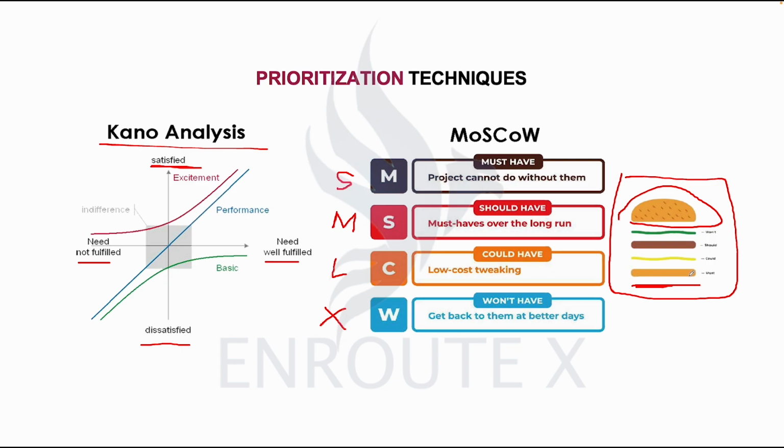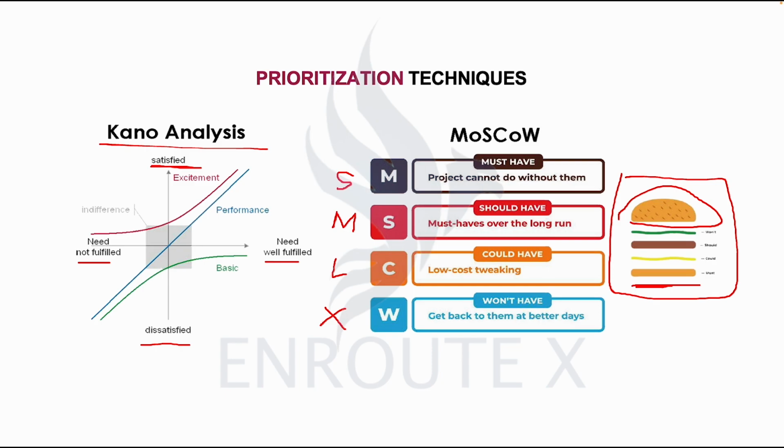And you could see the should have. The should have is the meat portion in the burger. You'll see the could have, which is the cheese. You could always add cheese to your burger.